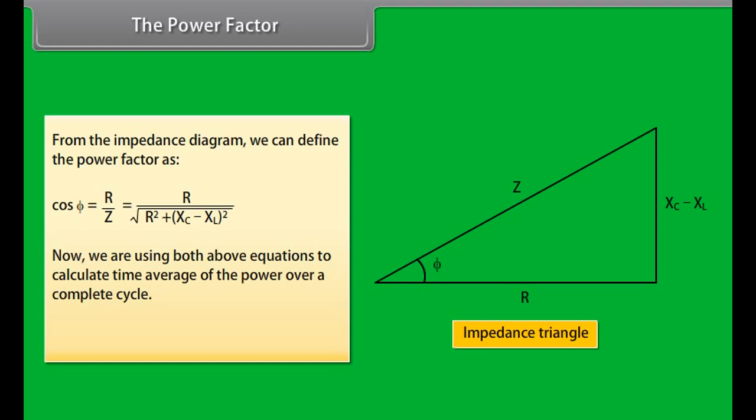Now, using both above equations to calculate the time average of the power over the complete cycle, P bar is equal to Irms square into R.